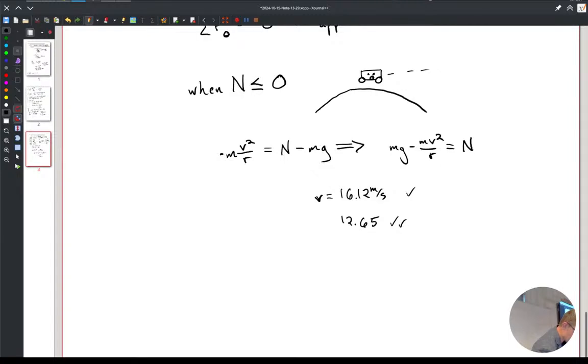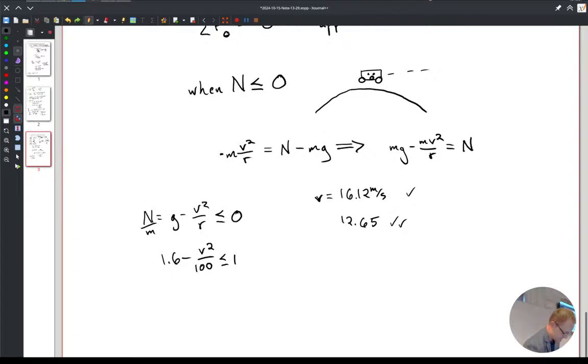So at least if I'm trying to solve this, I would say N over m, minus v squared over r, all of that is less than or equal to 0. So 1.6 minus v squared over 100.